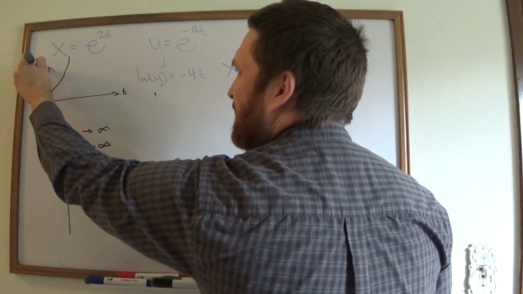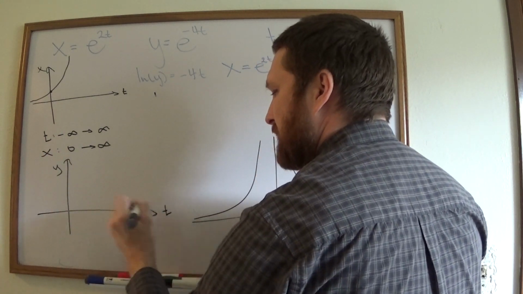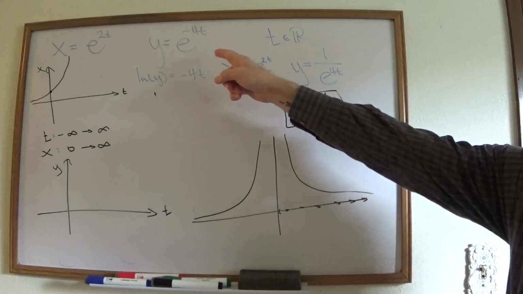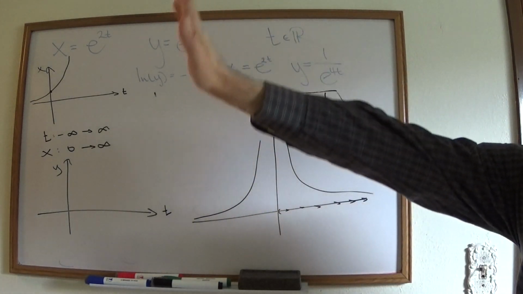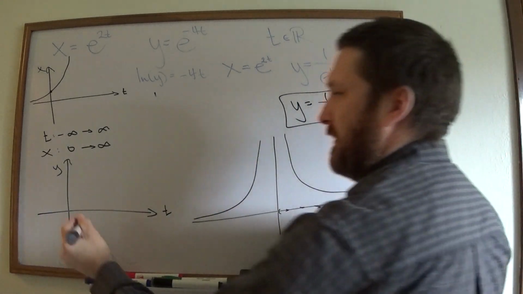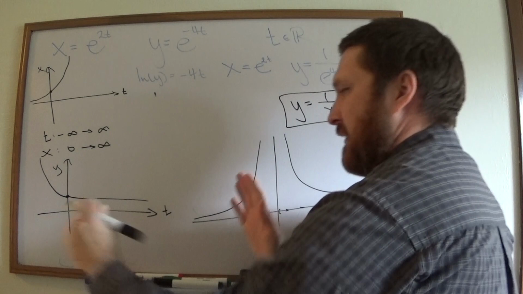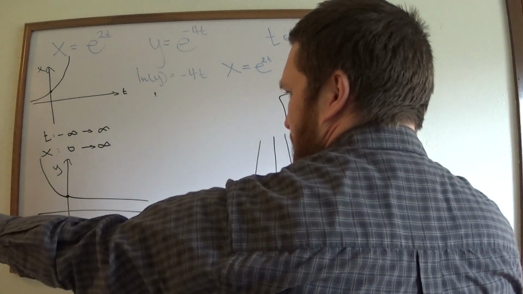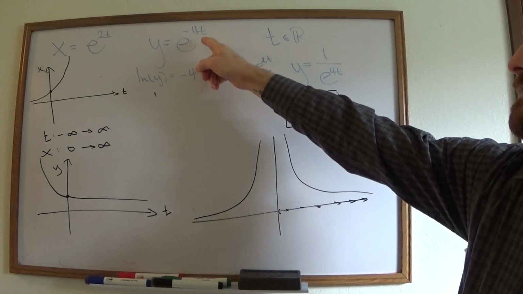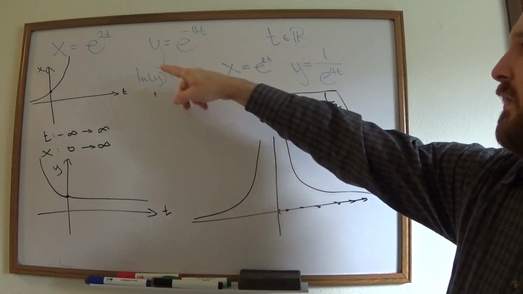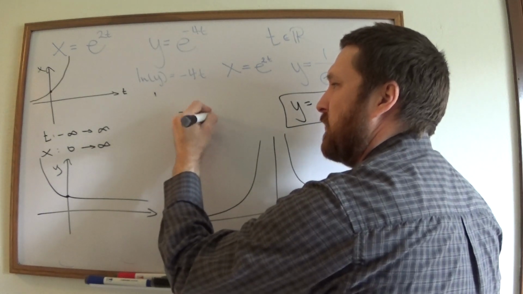So that's x. Here we're going to graph y versus t. And what does that look like? It's coming down. You could think about it as flipping it in that direction, right? Or you could also see that as 1 over e to the 4t.